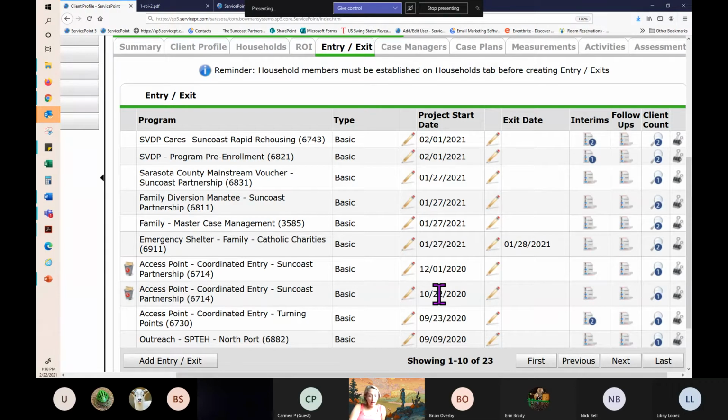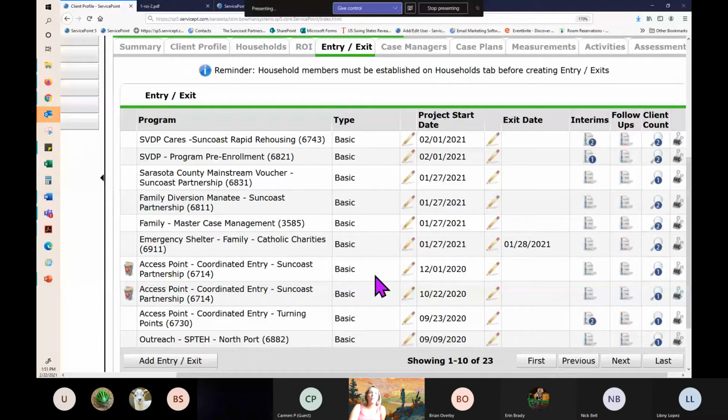Clients should not have 2 access points done after 10/1/2020. So if this was a real client, we would not be doing an access point on this client because he's had 3. So keep that in mind. Anything prior to 10/1/2020, you can go ahead and conduct another one, but after, you do not want to.